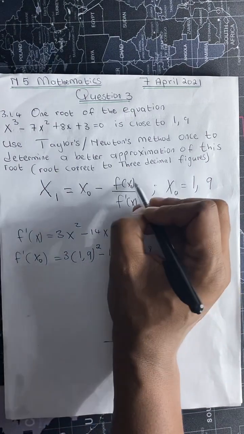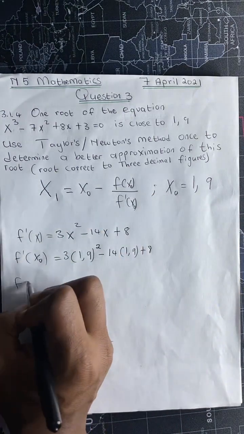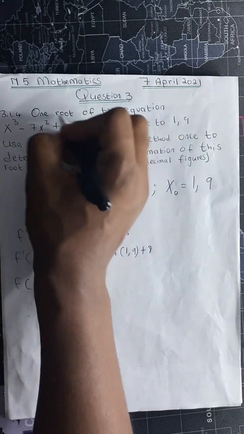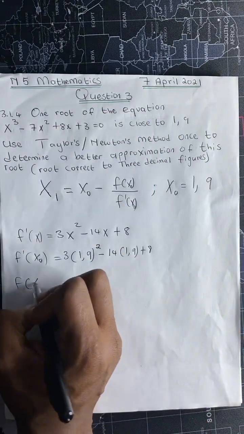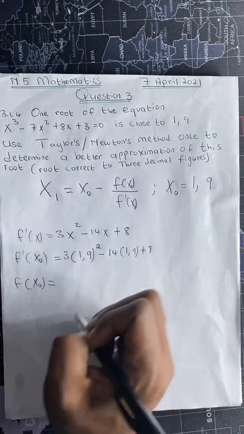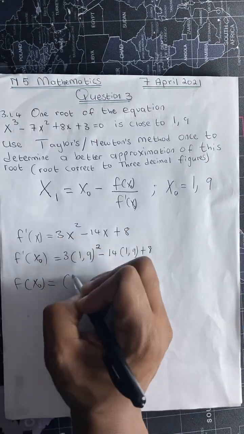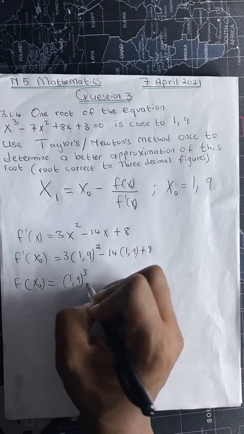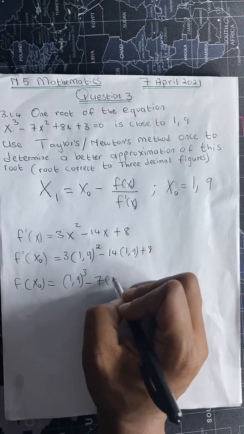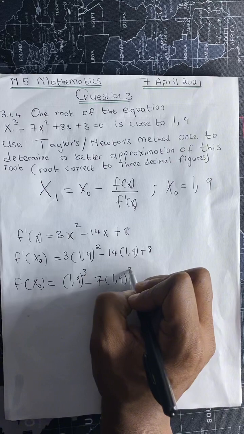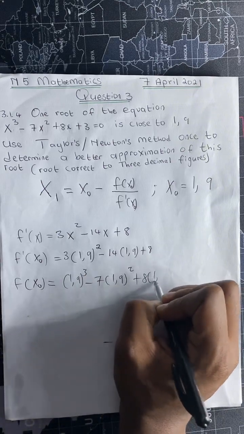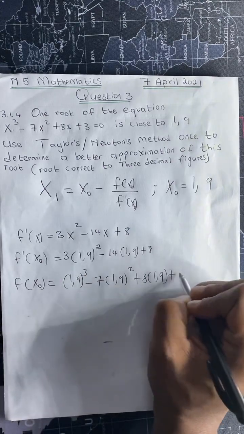And also we have f of x. So even on our f of x, we also have to substitute the x0, which is equal to 1.9. So 1.9 cubed minus 7 multiplied by 1.9 squared plus 8 multiplied by 1.9 plus 3.